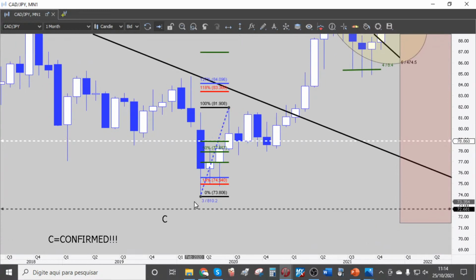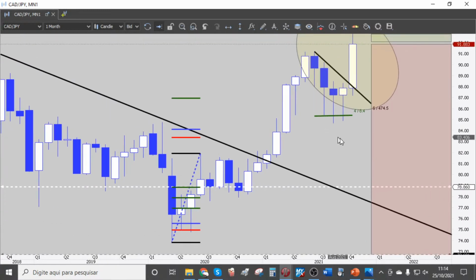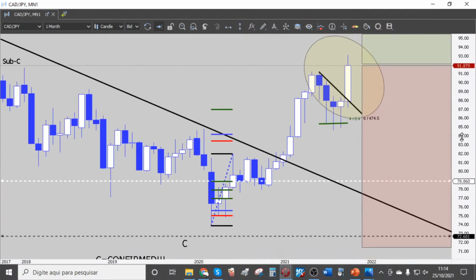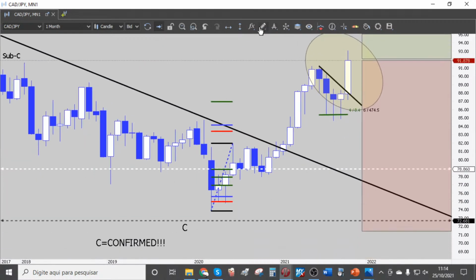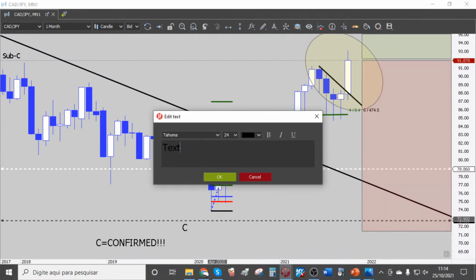We have the first sub A, sub B, sub C, and finally the market hit our sub D. Why sub?